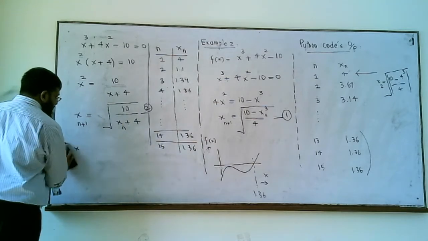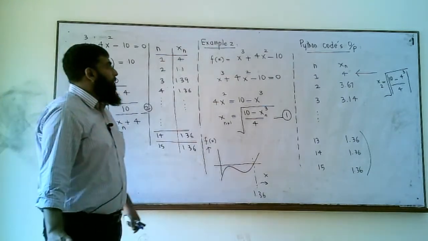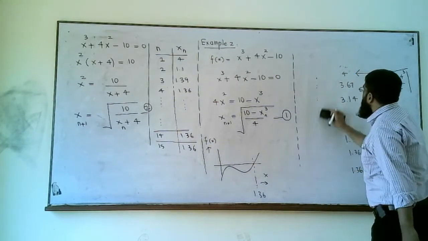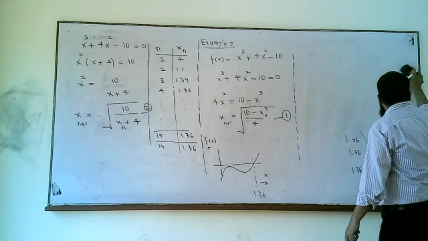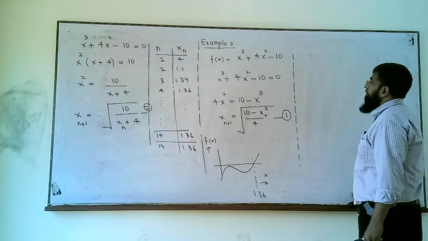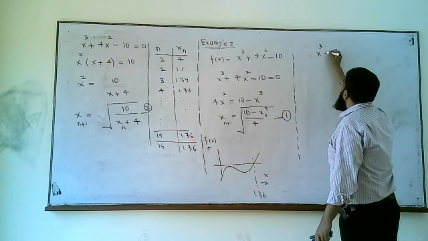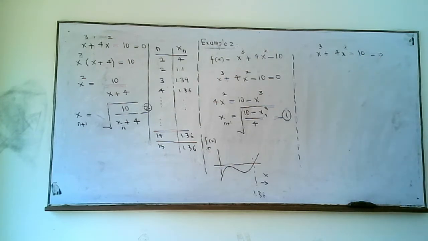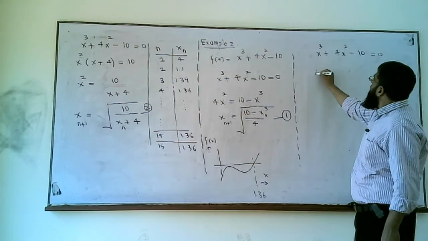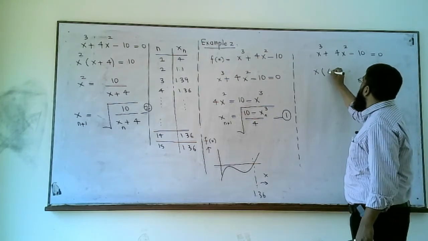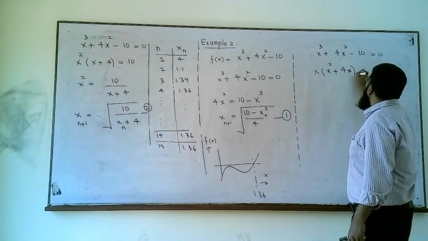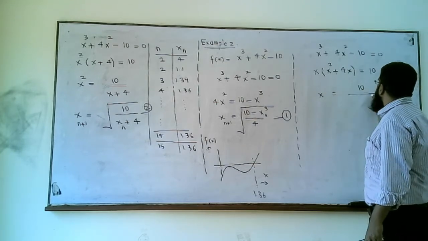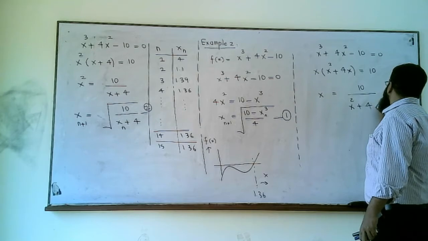And if you work with this same polynomial, we can reach a third solution too. Let's see what that is. Starting with the same polynomial, putting it equal to 0, but now instead of taking x squared common, let's take x common. x squared plus 4x, and taking this 10 on the other side of the equation, x n plus 1 is 10 over x squared plus 4x.